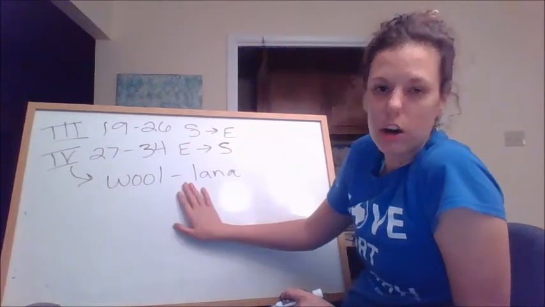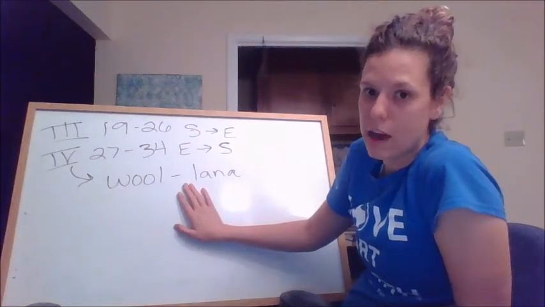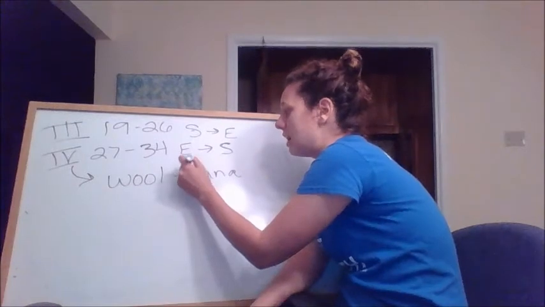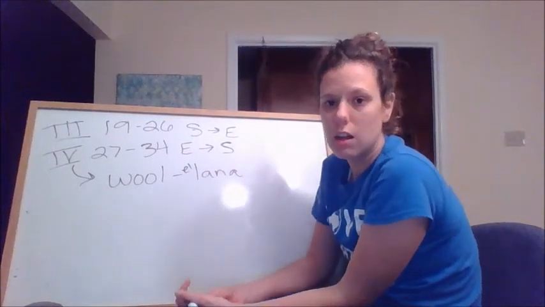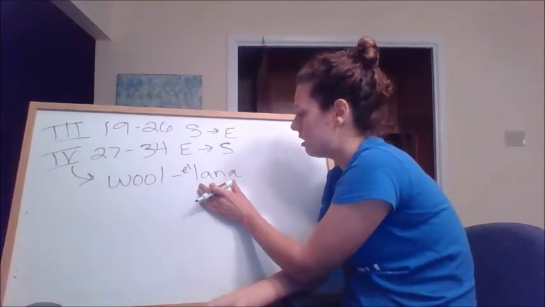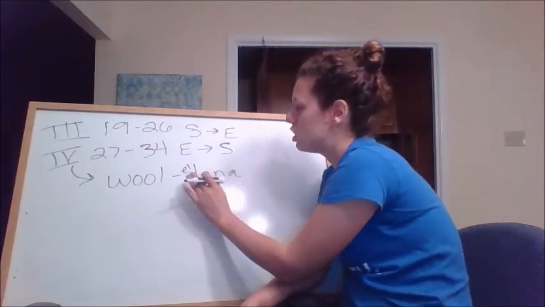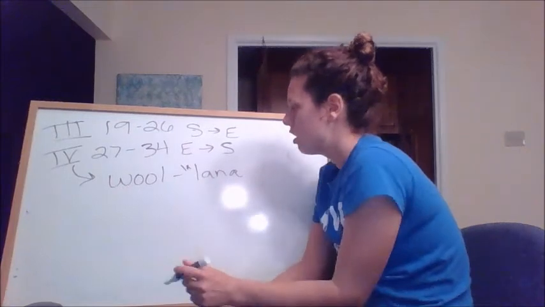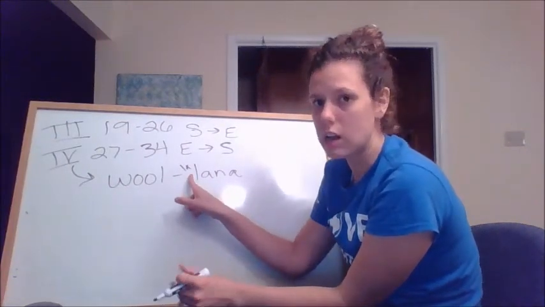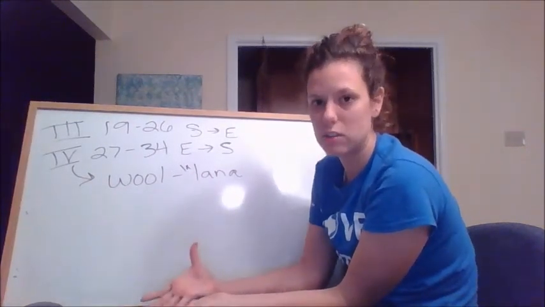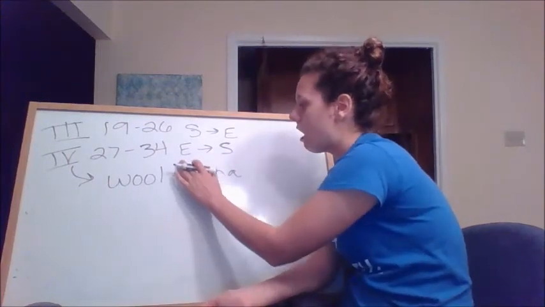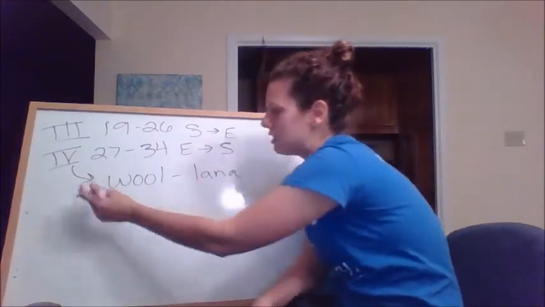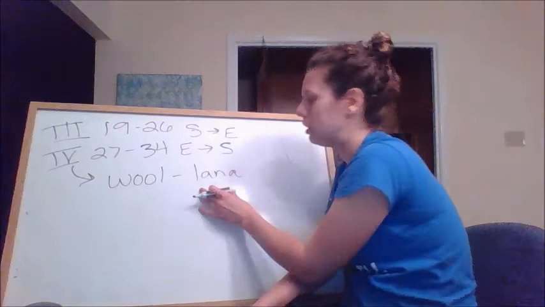If you include the article, that's fine, but you better make sure that it matches. If you wrote el lana, that would be incorrect. Because this is a feminine word, so you have to write la lana. So if you're going to write it, make sure that it's correct. I grade you based on what you present to me. So if you left it off, that's totally fine because I didn't say the wool, I just said wool, so lana is fine.